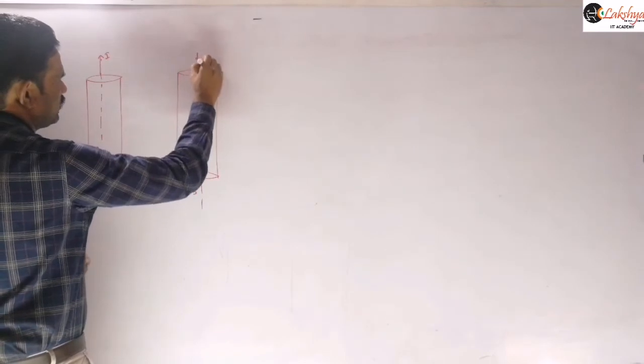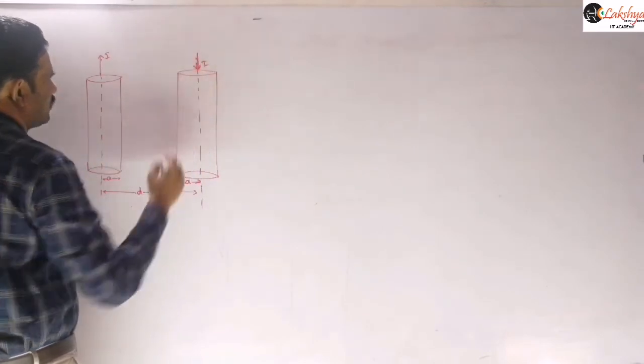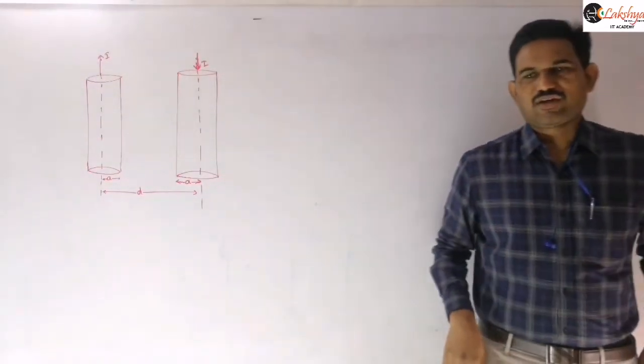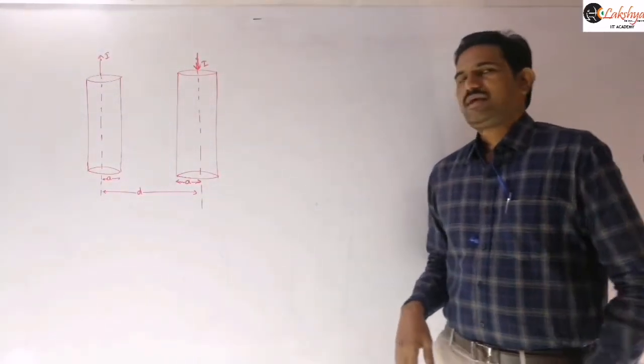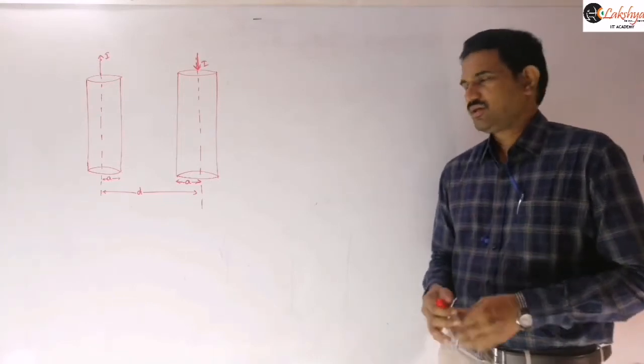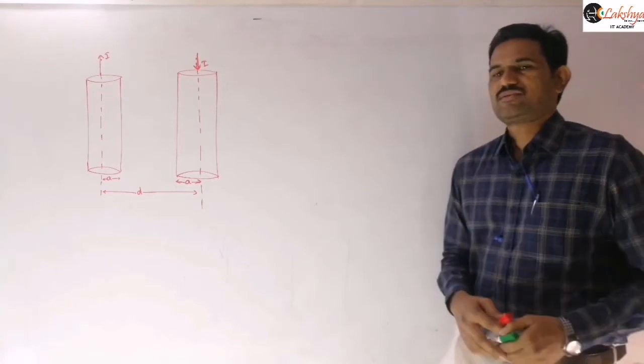If current is flowing in both the conductors in opposite direction, find inductance per unit length in between the two conductors.